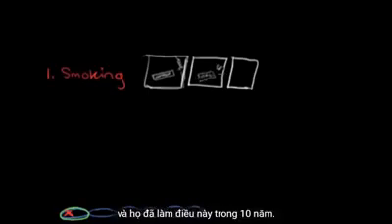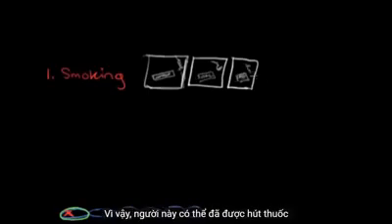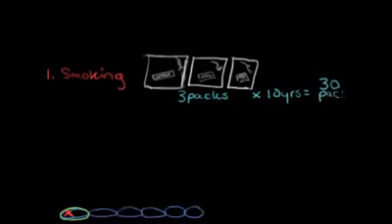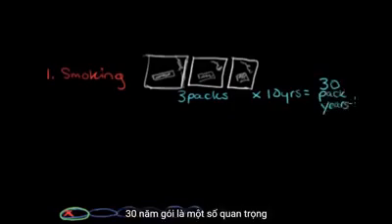And they've been doing this for 10 years. So this person would have been smoking 3 packs per day times 10 years for an equivalent of 30 pack years. And 30 pack years is an important number because it places this person at a very elevated risk of developing lung cancer.